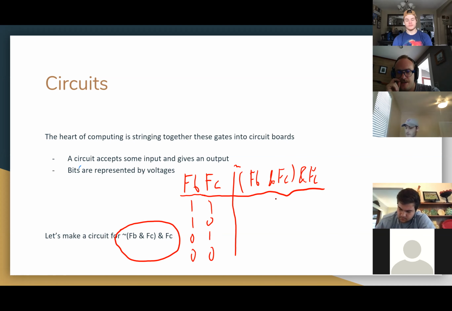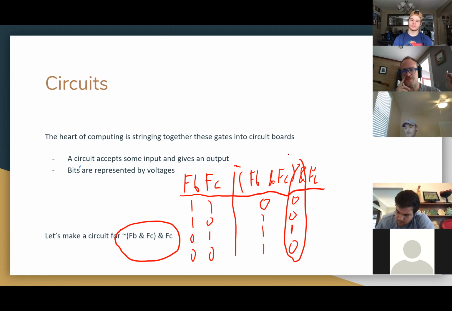So negation, FB and FC looks like this: 0, 1, on 1. And FC, main connective, looks like this: 0, 0, 1, 0.